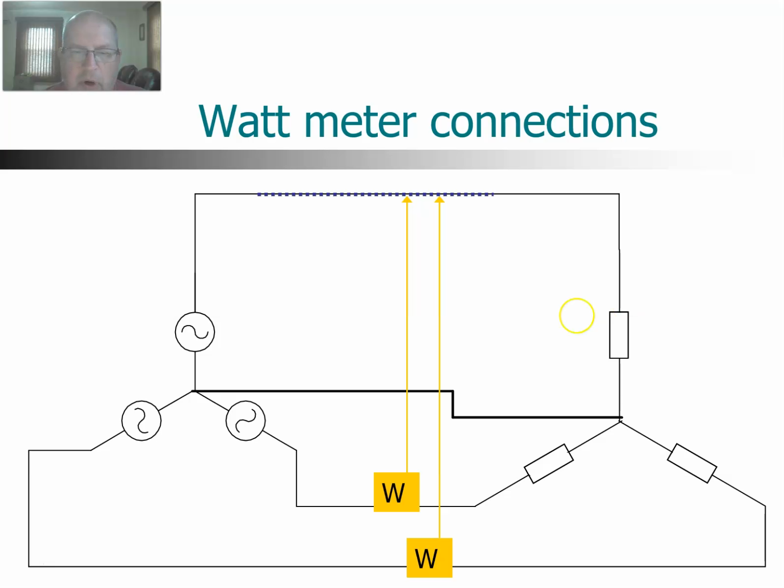Now the interesting part of that is that you're no longer using the neutral, and therefore you're able to measure total power in a delta system. It also has the advantage that the power company only has to provide 2 meters to read three-phase power to a customer.